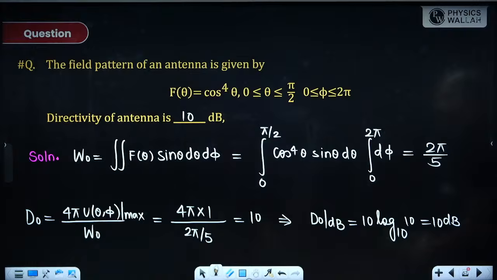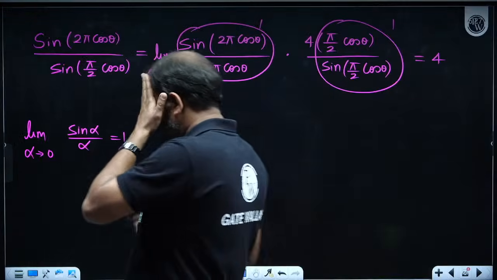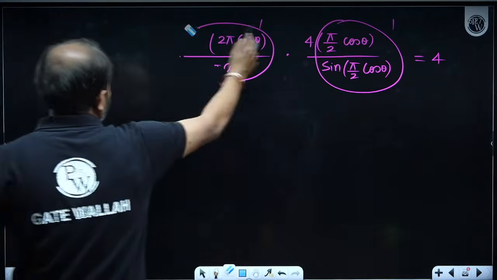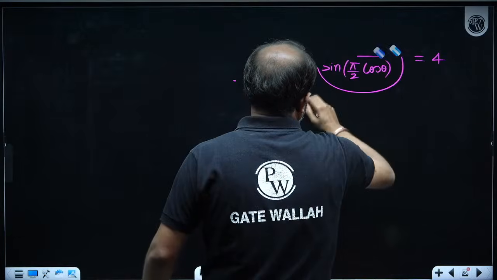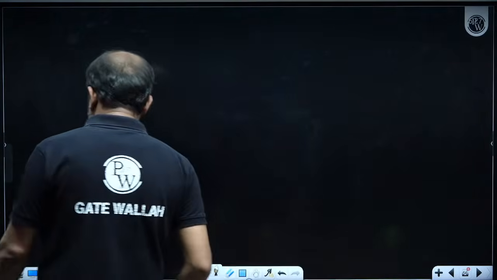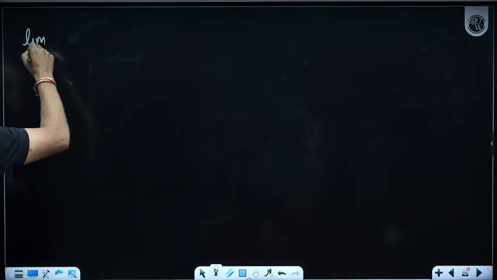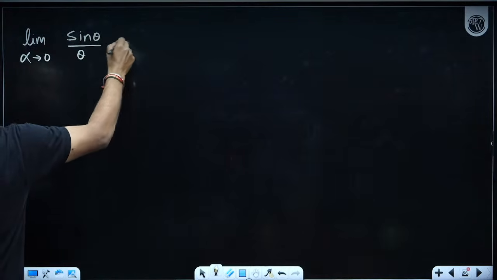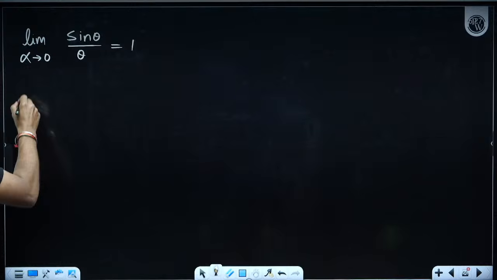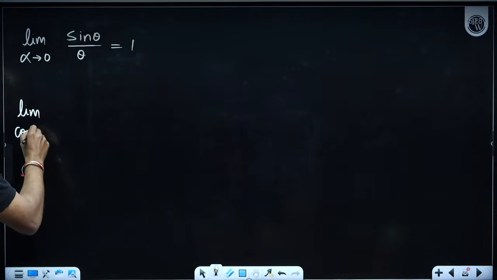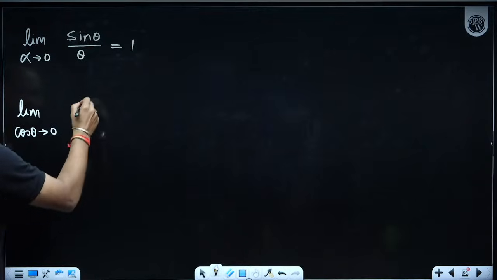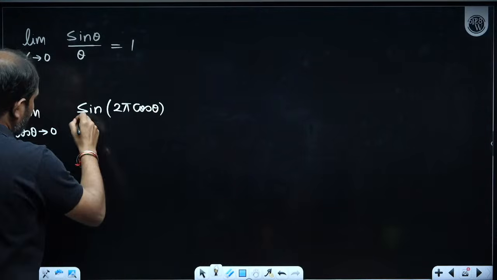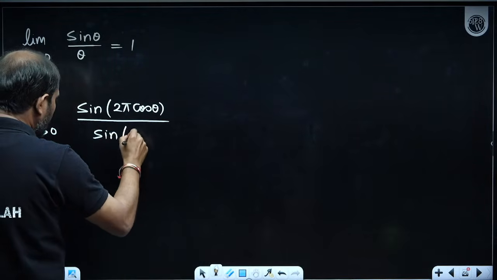Sin alpha upon alpha, this is how it becomes 1. Limit alpha tends to 0, sin theta upon theta is equal to 1. So limit cos theta tends to 0, sin 2 pi cos theta upon sin pi by 2 cos theta.